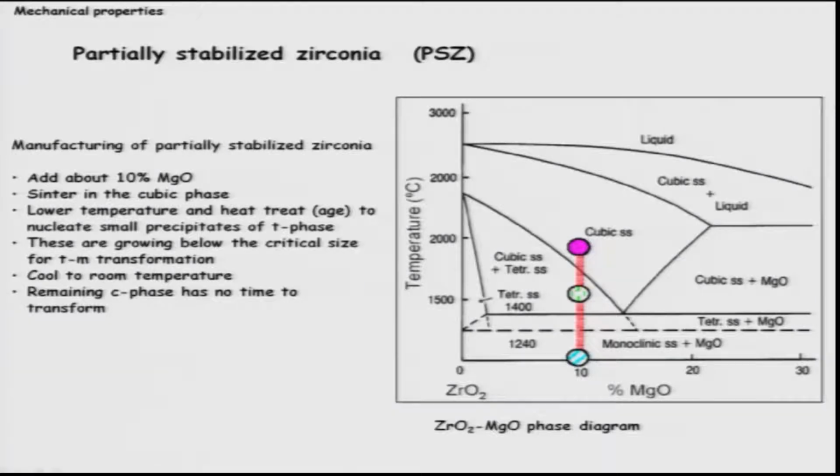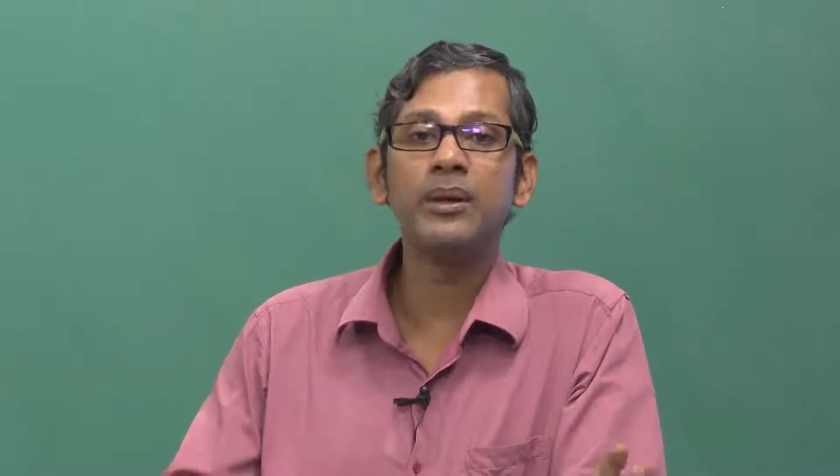This tetragonal phase, shown like green rods, if you cool it down, will transform to monoclinic. As you know, the tetragonal to monoclinic transformation has a volume change of plus 4.7%, and this volume increase will lead to compressive stress development. That is basically the idea. Therefore, if you develop a compressive stress around a crack tip, then it will increase the toughness of the material.